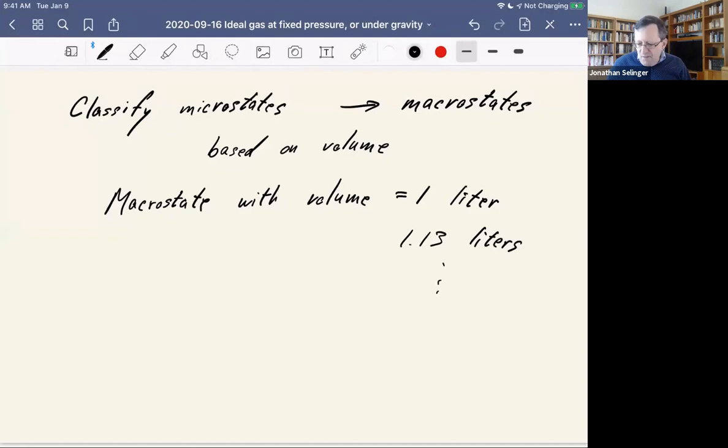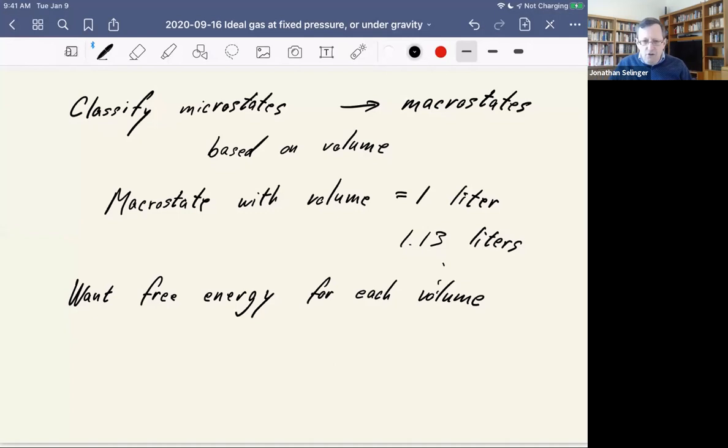So now we can say, following the same procedure that we had with the magnet, we want to know what's the free energy for each macrostate. Okay, so we want the free energy for each volume.